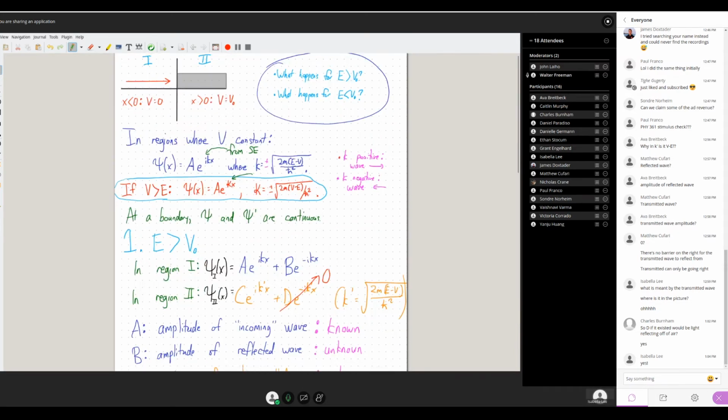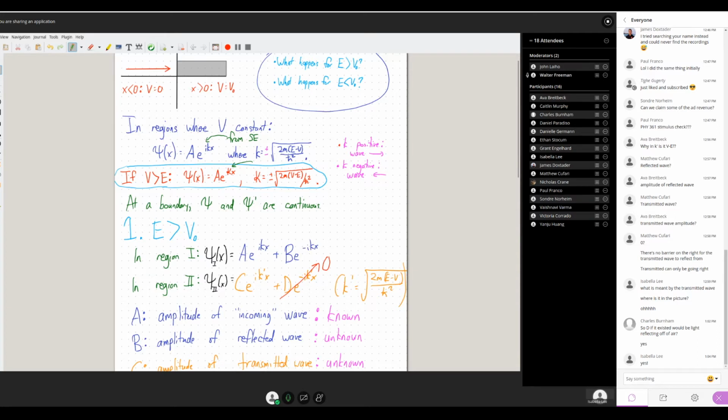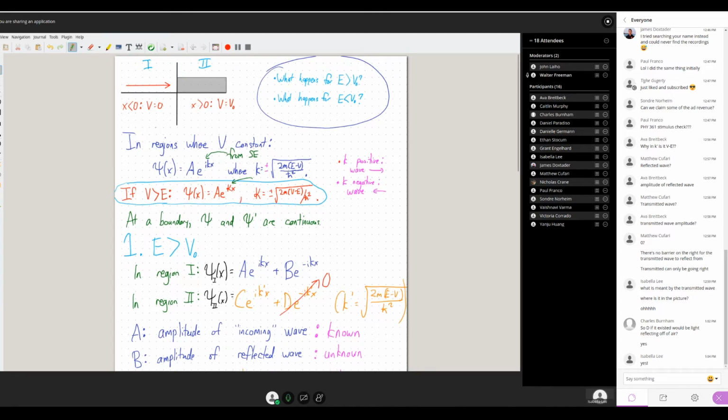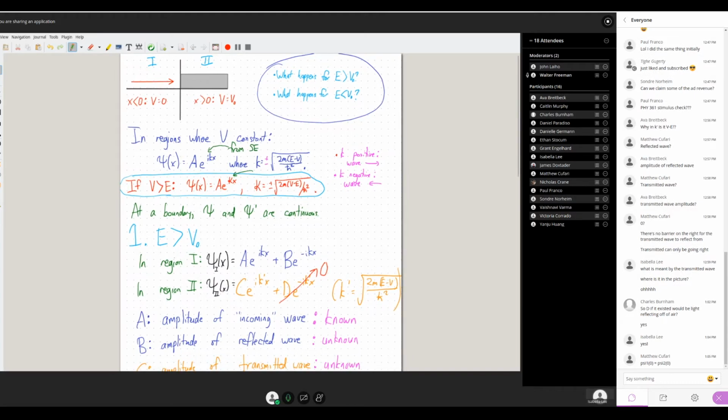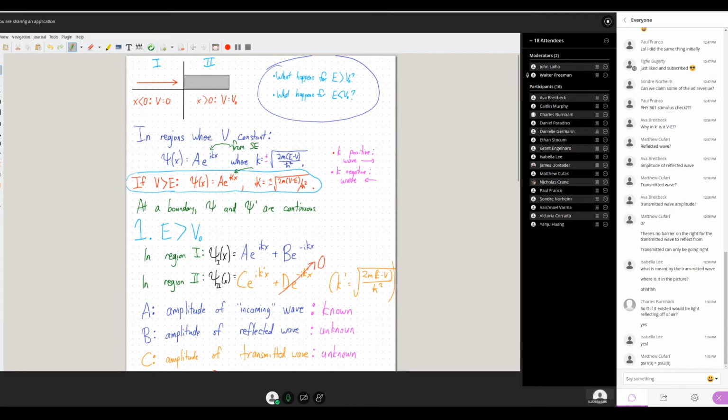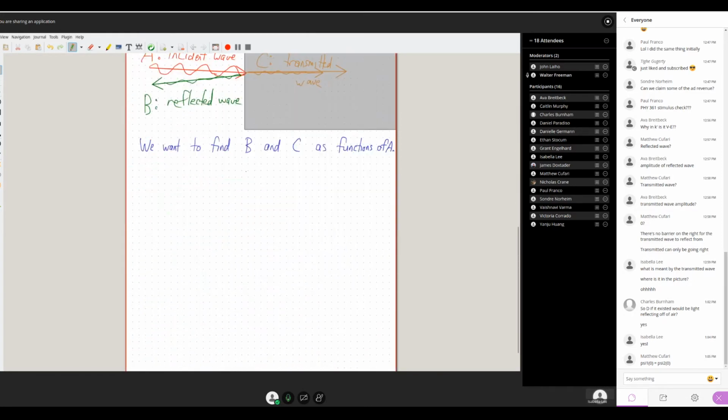Scrolling back up to the pile of things that we know, of the things I've listed, what tools do we have to relate A, B, and C together? Yeah, okay, so Matthew says that the wave functions must match, so the continuity at the boundary.